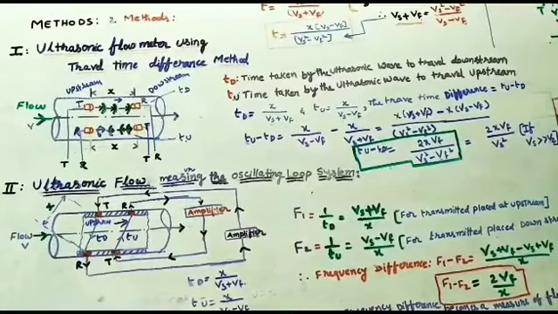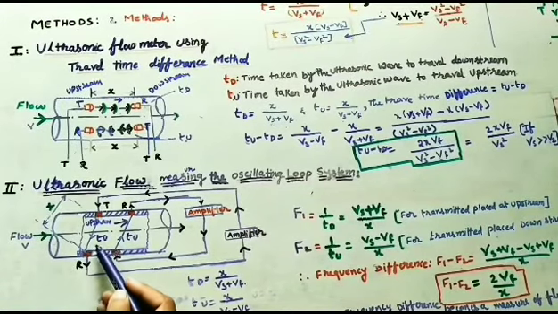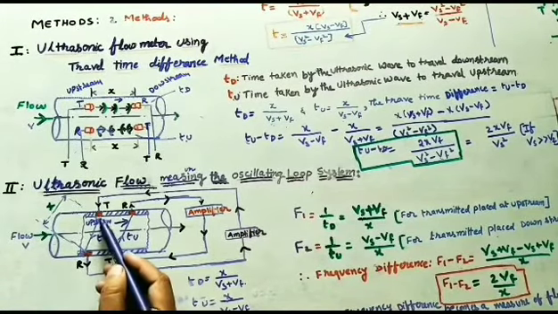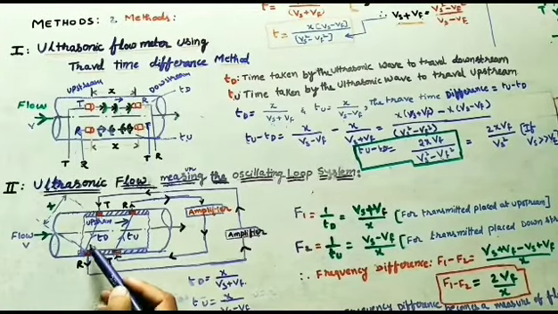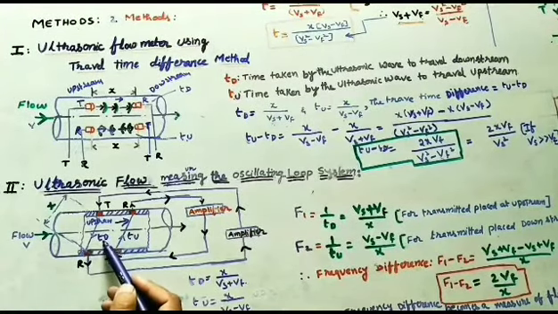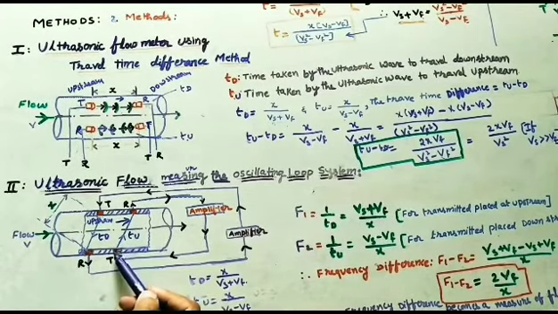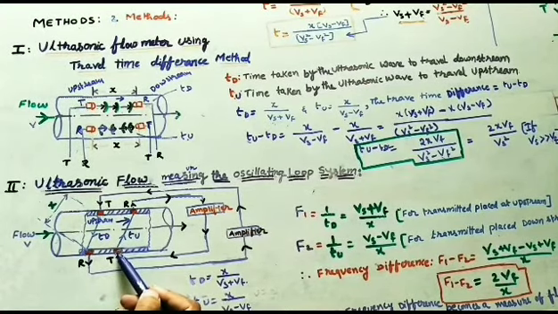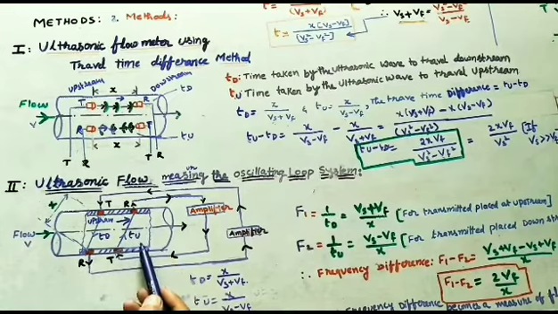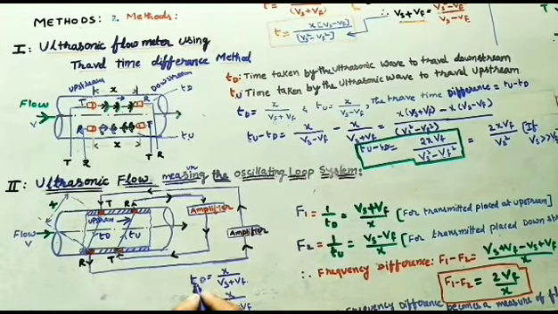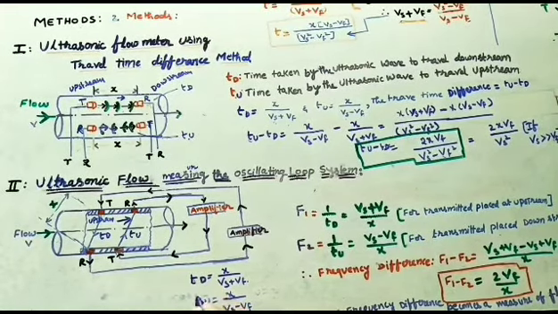Now here also we have to calculate. The wave coming from upstream to downstream takes time TD. And the wave going from this T to R takes time TU. Write down TD and TU.